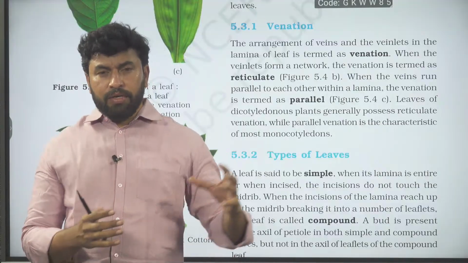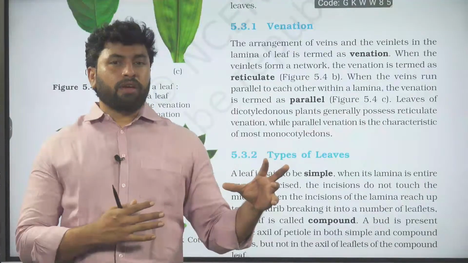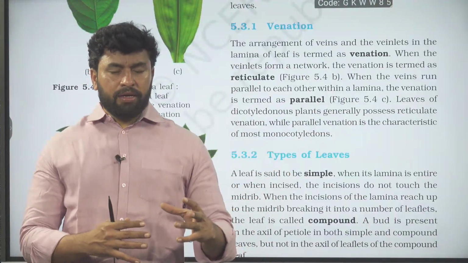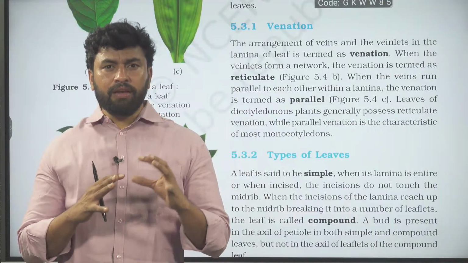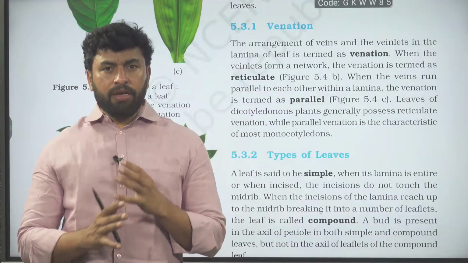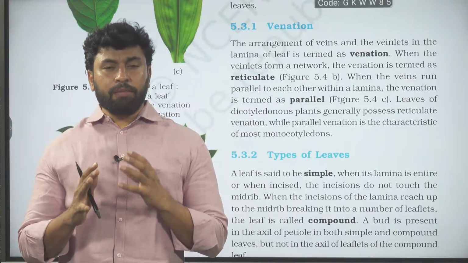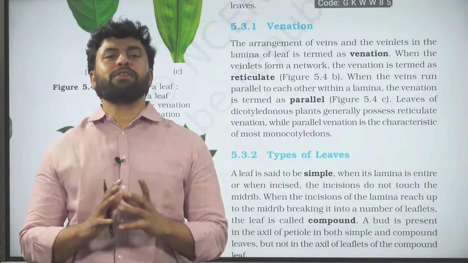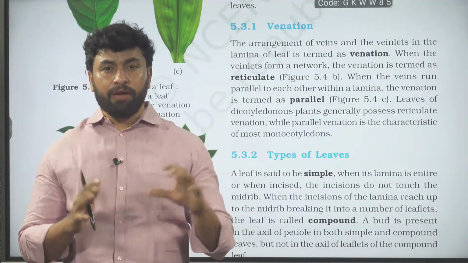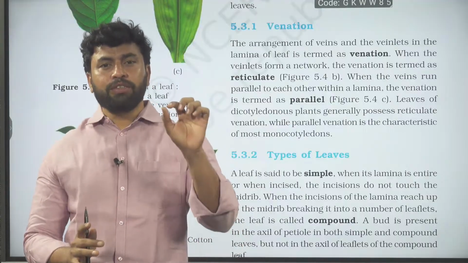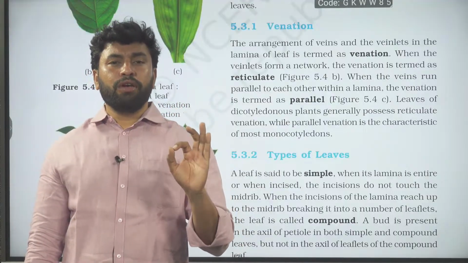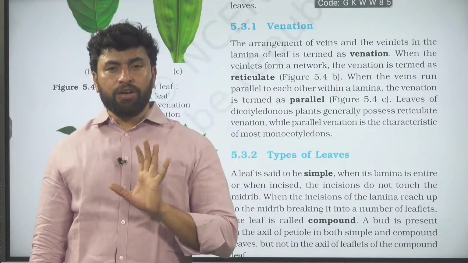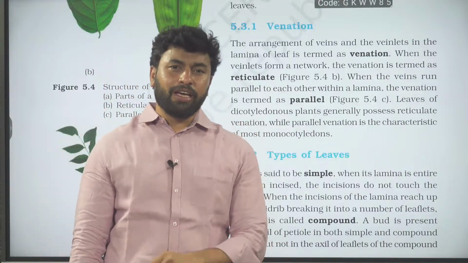Also some plants like cactus and euphorbia, their body itself is transformed into a green, leaf-like photosynthetic body, which also does not have any veins. Is it okay? We study venation only in leaves, not any part that is behaving like a leaf.